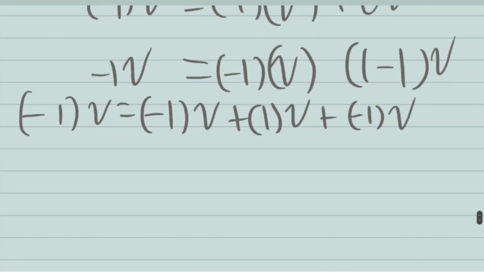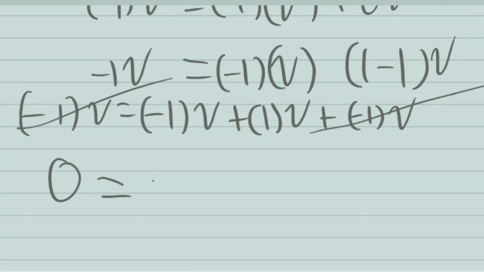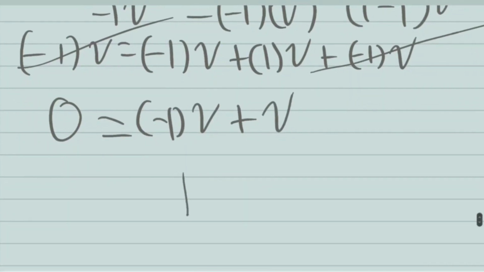Okay, now I'm going to subtract negative 1 times v from both sides. And then we get our identity over here. And then we get negative 1 times v plus v is equal to our identity, which means this is an inverse, because when we add it to our vector, it becomes our additive identity.